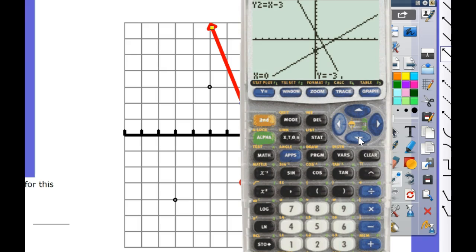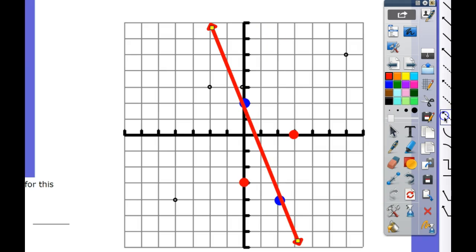So if I push the down arrow button up here, it's telling me I'm on the line x minus 3. This right here tells me which line the cursor is on. So this is going to be 0, negative 3. And 3, 0. There's two pretty points for me to graph with a dotted line.